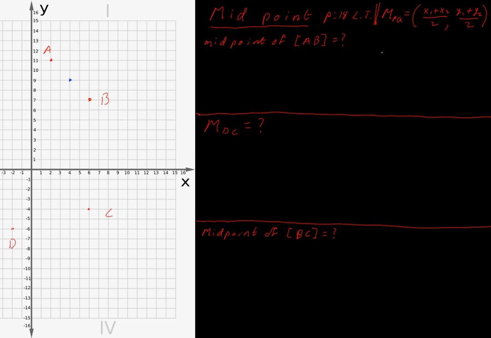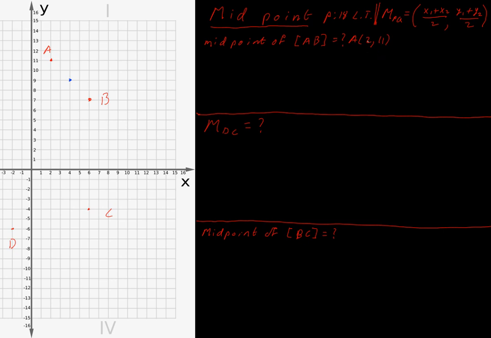But let's put it into practice now. As ever, if we're asked about anything in coordinate geometry, we're going to find out what our coordinates are. So what are the coordinates of A here? Well, we start at the origin, we go in the door 2 until we're directly beneath A, and we go up the stairs 11. So A is at in the door 2, up the stairs 11.